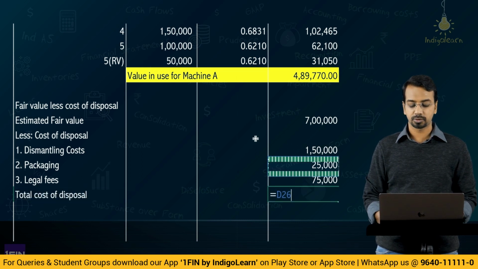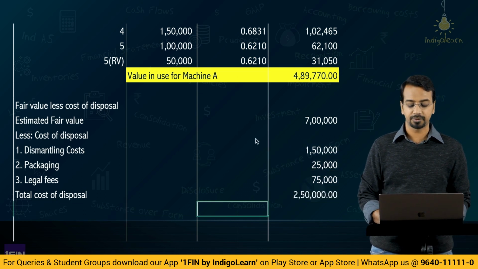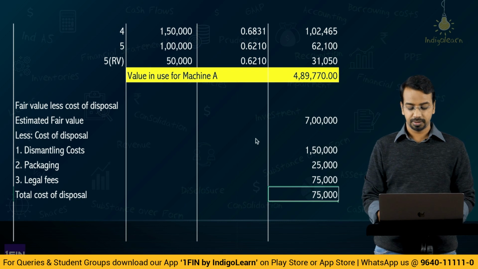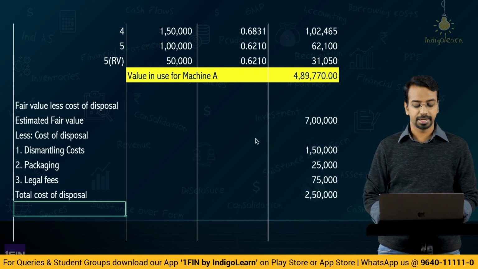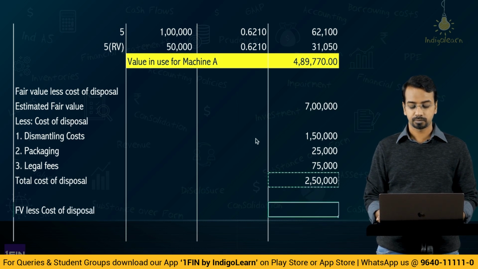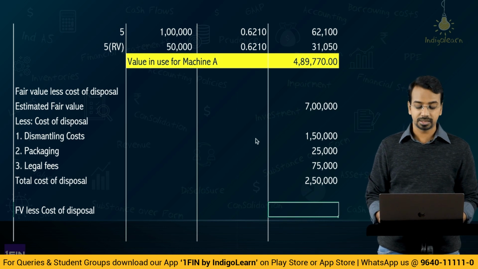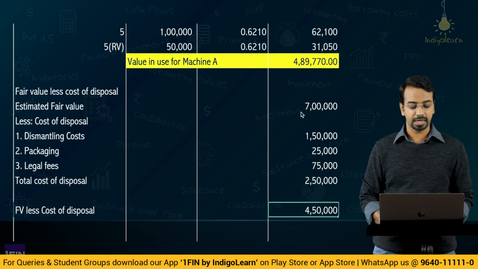Total cost of disposal comes to 1,50,000 plus 25 plus 75, that is 2,50,000, right? So, what is the fair value less cost of disposal? Fair value less cost of disposal is 7 lakhs minus 2,50,000, which is 4,50,000.